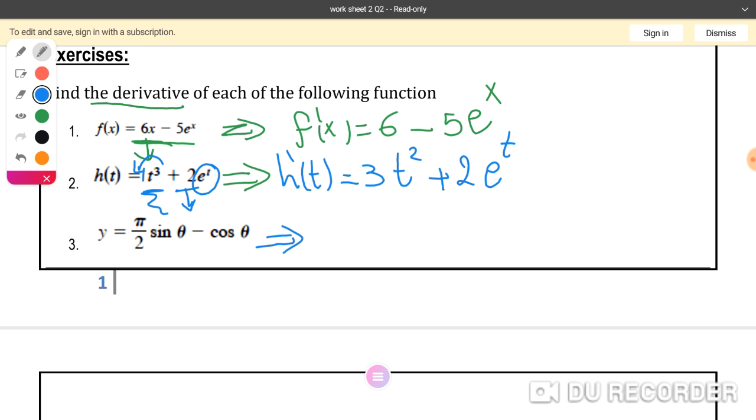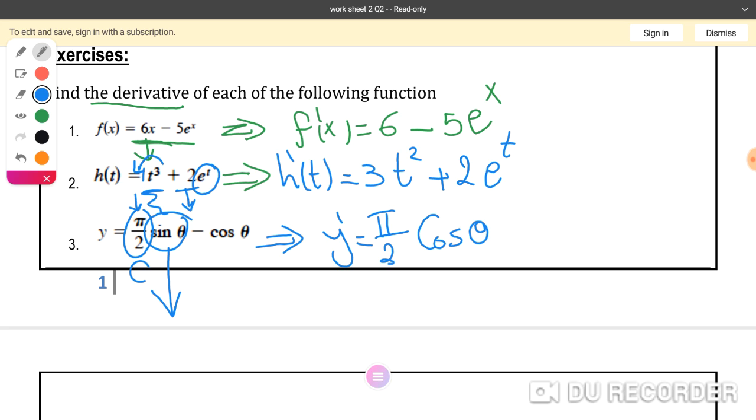For this one, I know pi is a constant. So pi over 2 means a constant. As you know, pi means 3.14 or the number that you have in your calculator. So, how to find this one? This constant implies y prime will be the constant, which is pi over 2, multiplied by the derivative of this function sine, which will be cosine theta.